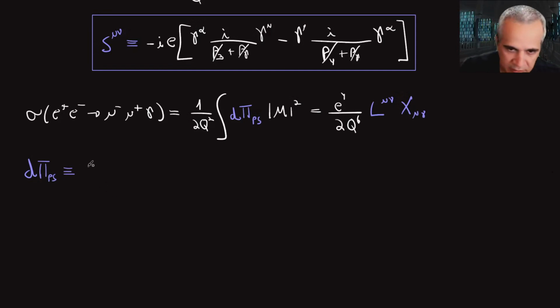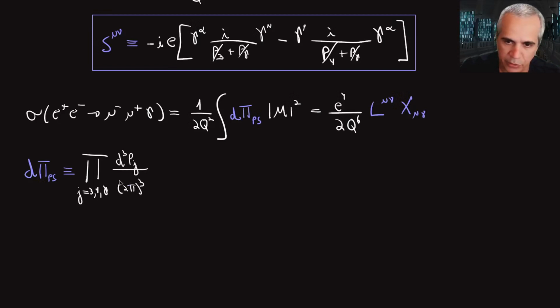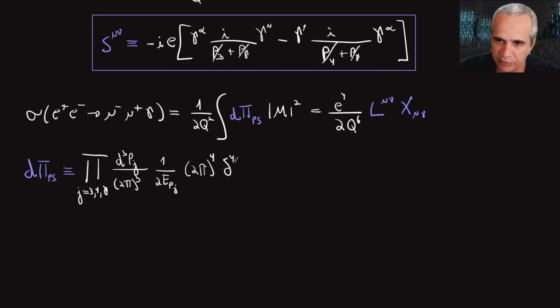It is the product over j being 3, 4, or gamma, because I have P3, P4, and P gamma as the final momenta, of d3 Pj over 2 pi cubed, for each of the integrations in each of these three momenta, 1 over 2 E Pj, the final energy of each of those states, and then, of course, momentum conservation, 2 pi to the fourth, delta 4 of the sum over these three momenta.